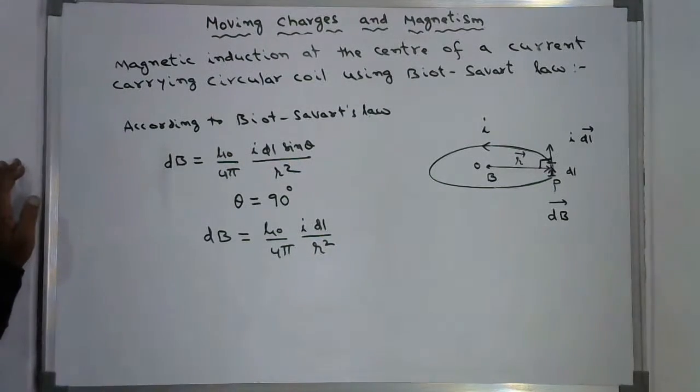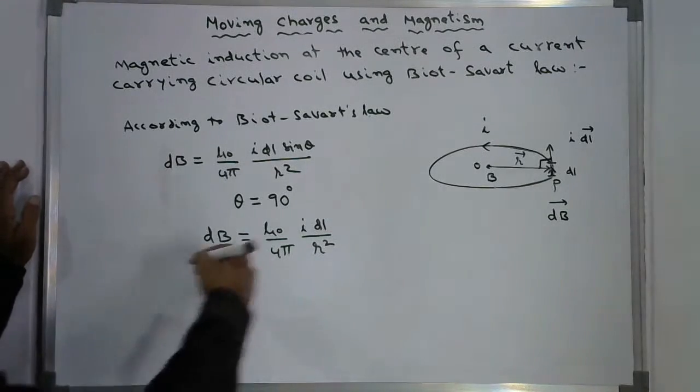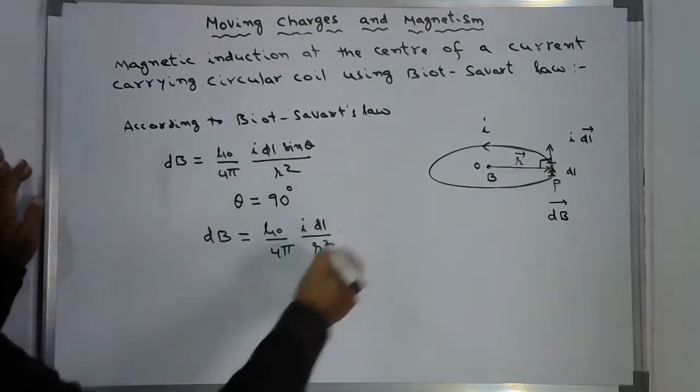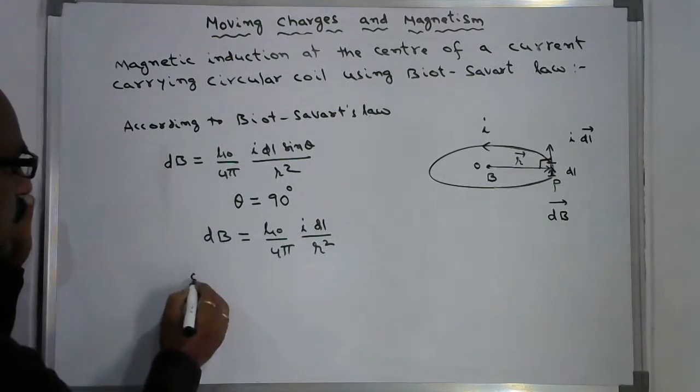Now what we have to find is the total magnetic field. In order to get the total magnetic field, we have to integrate the equation.